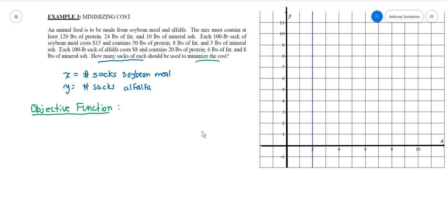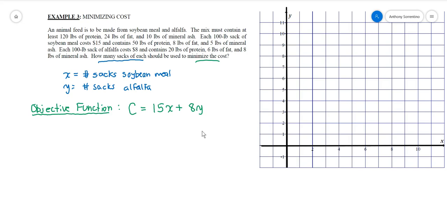We want to minimize the cost, so the cost is going to be, well, each X is $15, so $15 times X would tell me how much that would cost for the soybean meal. 8 times Y would tell me how much I'd be spending on the alfalfa, and adding them together would give me the total cost. So that's my objective function. That's what I will use later.